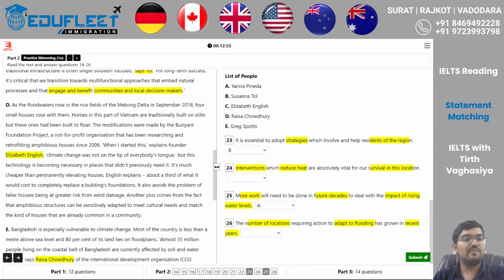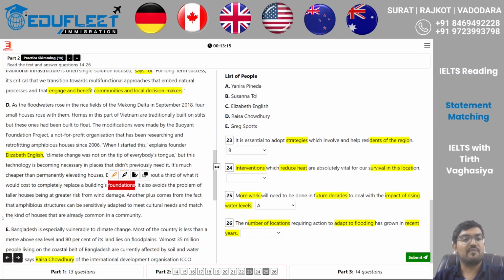It is much cheaper than permanently elevating houses. English explains it costs about a third of what it would cost to completely replace a building's foundation. It also avoids the problem of taller houses being at greater risk from wind damage.